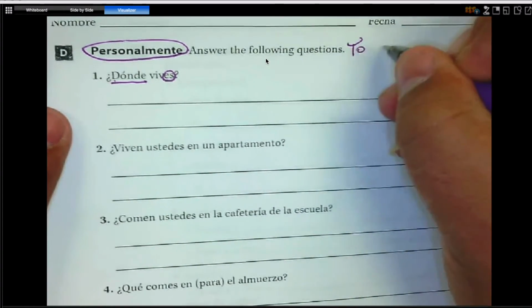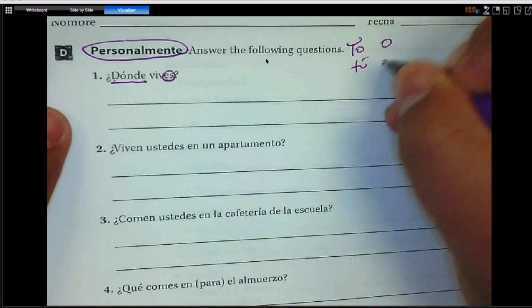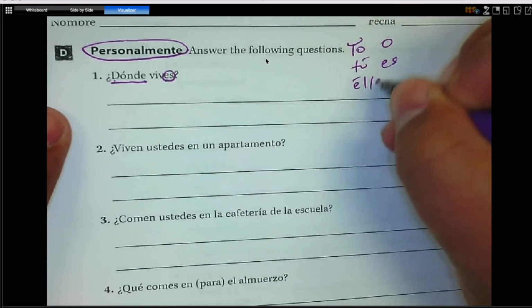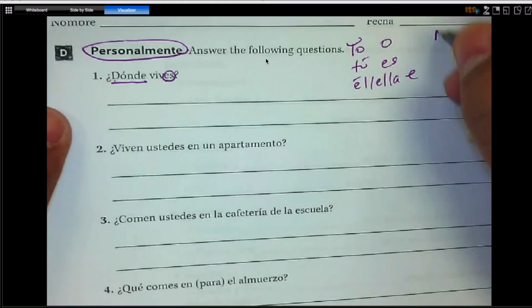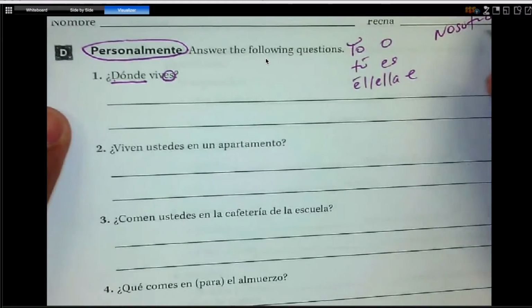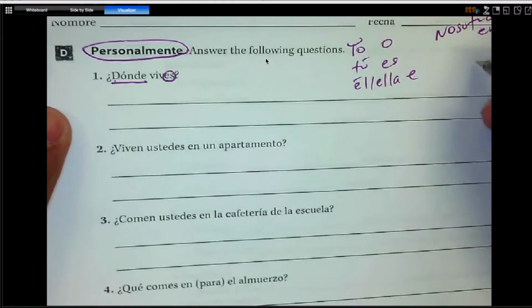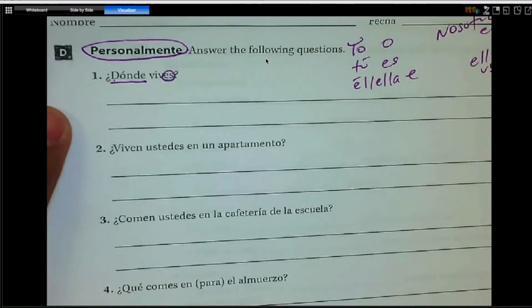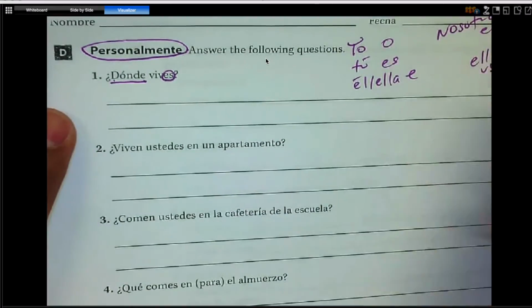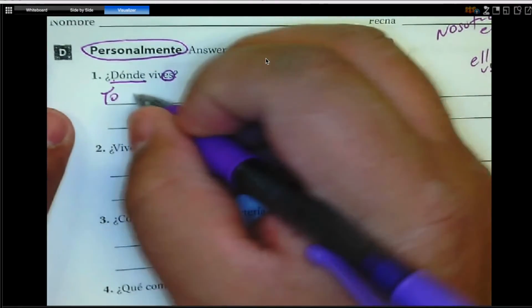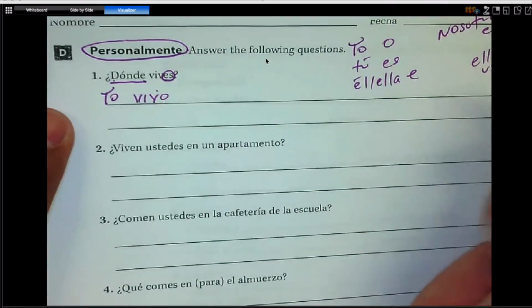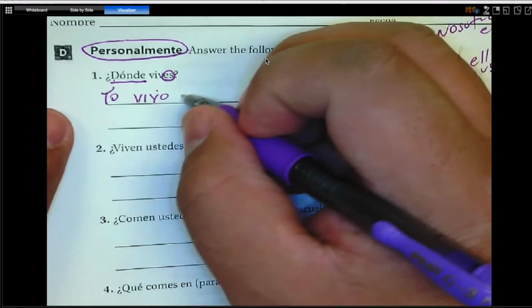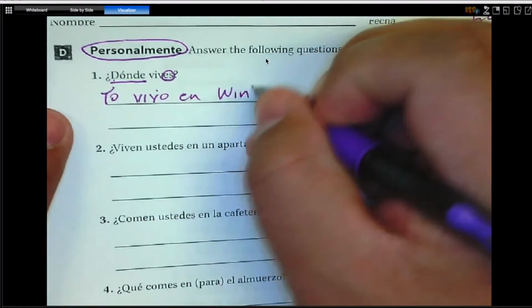So I'm going to write these up here again. So yo is O, tú is es, él, ella is e, nosotros is emos, and ellos and ustedes is en. Okay, so if I say where do you live, of course you're going to say yo vivo. So if I live in Wink, I would say yo vivo in Wink.